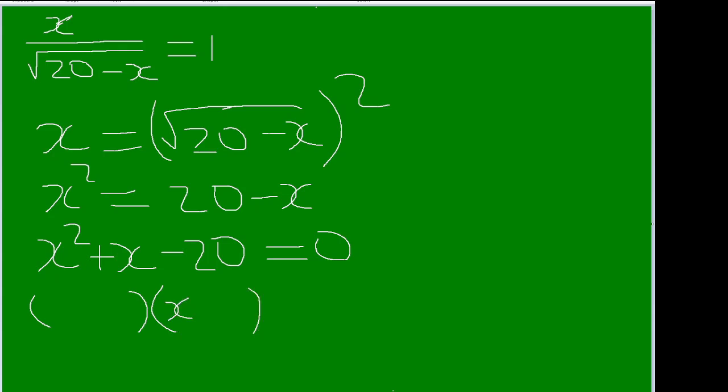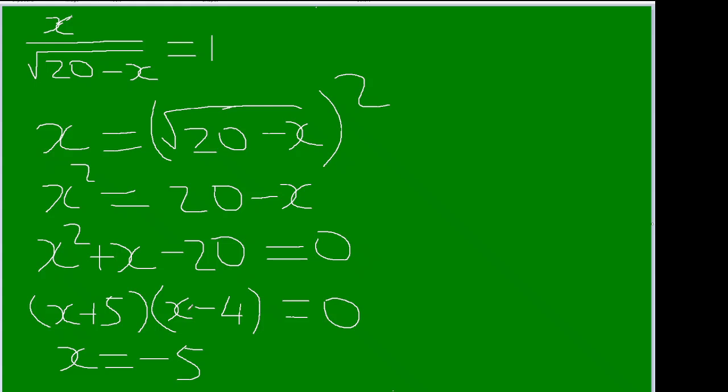So we have x plus 5 and x minus 4 equal to 0. Essentially, we have x is equal to negative 5.